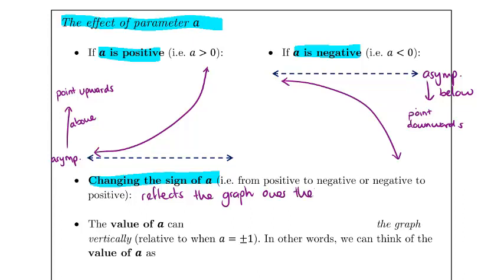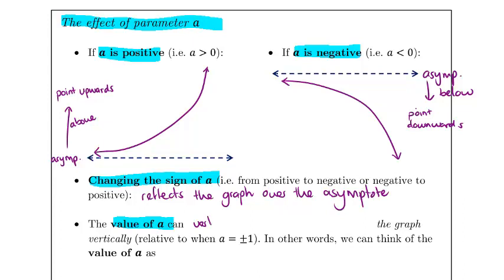So the asymptote is basically an axis of symmetry, a little mirror when we change the sign of a. And how about this, guys? What else does a do? Well, the value of a can stretch or compress vertically.